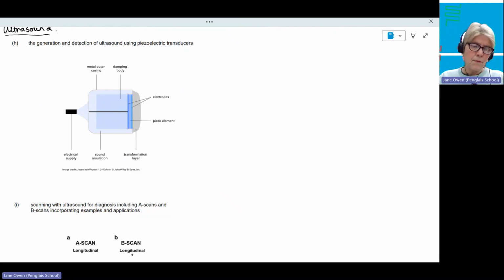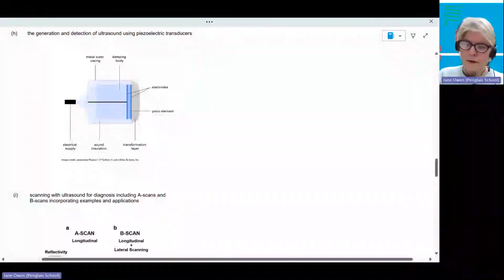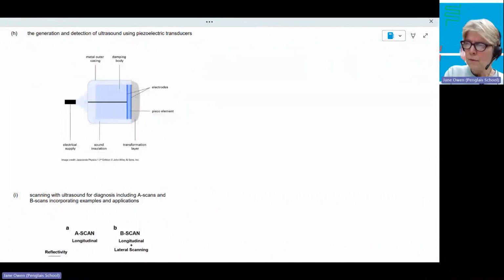Now, before we do look at that, we'll look at the generation and detection of ultrasound using piezoelectric crystals. So basically what we have is an alternating PD, and that alternating PD matches the resonant frequency of this piezoelectric crystal.